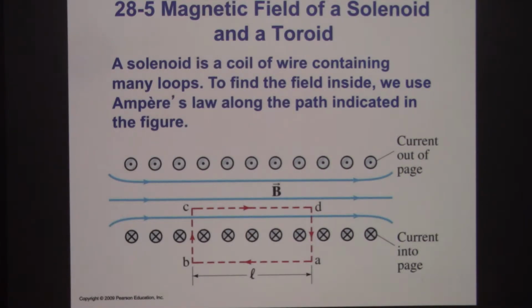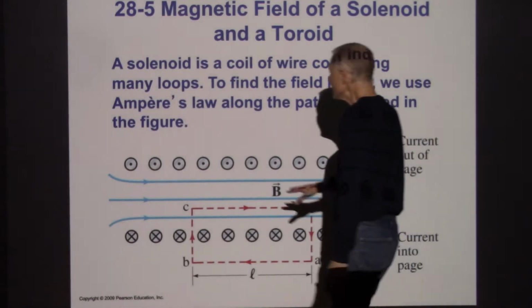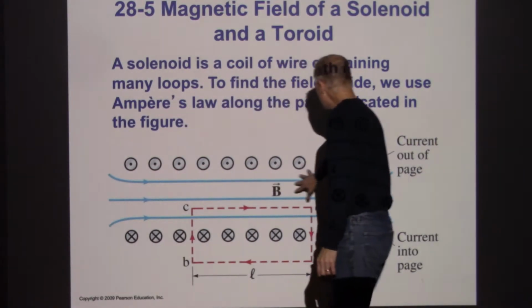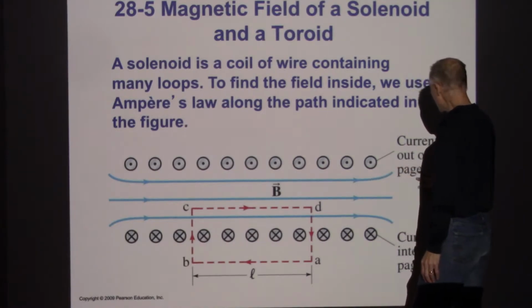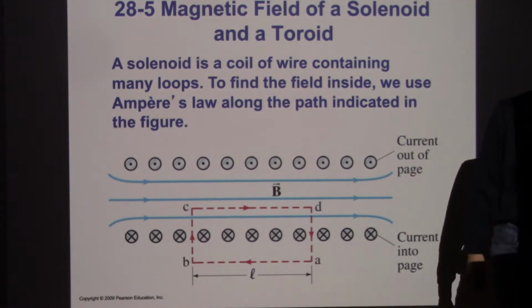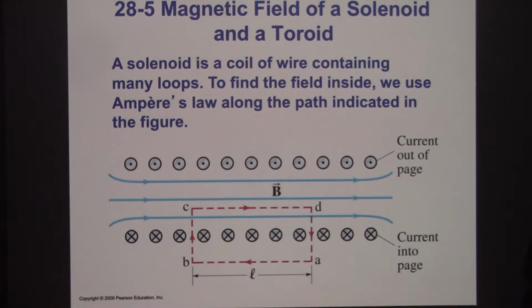So we make kind of a crazy assumption a lot of times when we're working with solenoids in homework problems and midterm examples and such. What we typically assume is the magnetic field inside is completely uniform, but once we leave the solenoid, we imagine the magnetic field dropping off to zero.